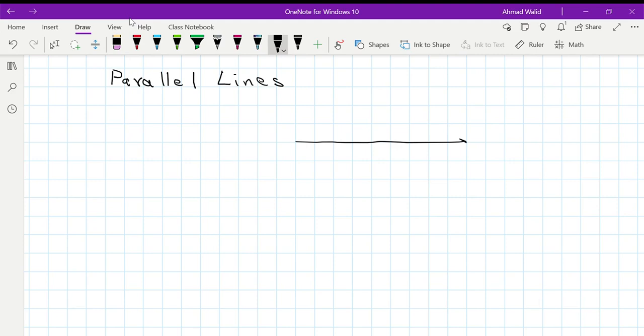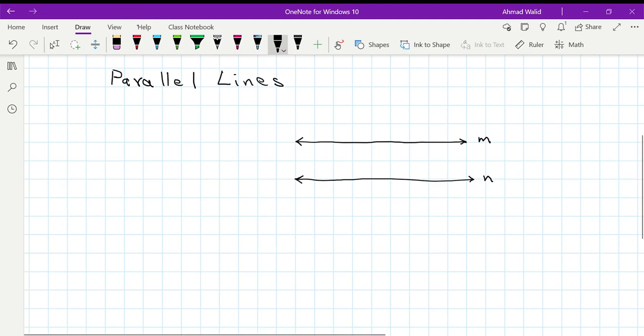My hands are shaking as usual because my pen is electronic, and I'm working on Wacom, which is a small kind of board, and you cannot control your hand. These two lines, correct? If I name, for example, this line M, and I name this line N, they are two parallel lines.